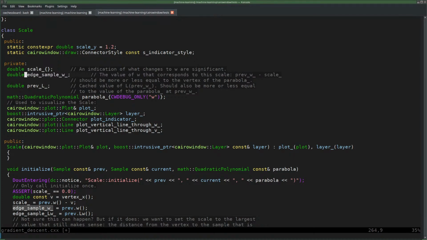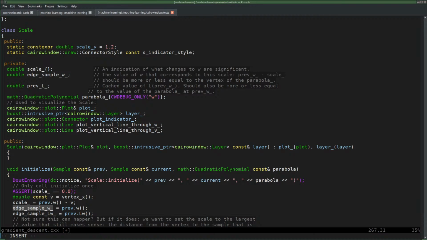It is not. Is this still correct? The value of W that corresponds to this scale, meaning that edge sample W minus scale should be more or less equal to the vertex of the parabola.